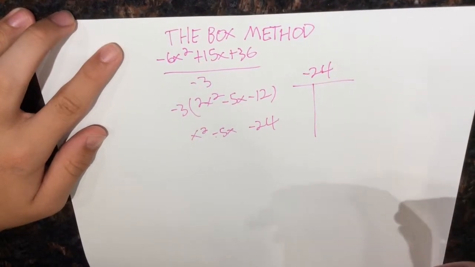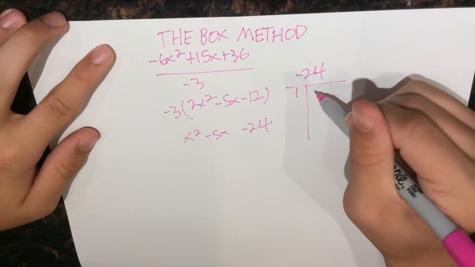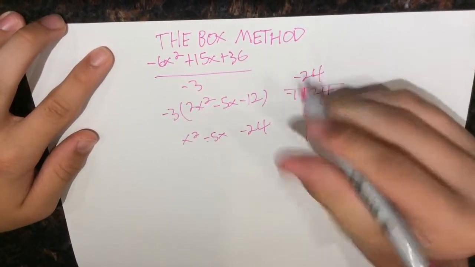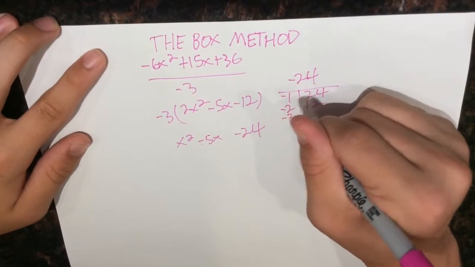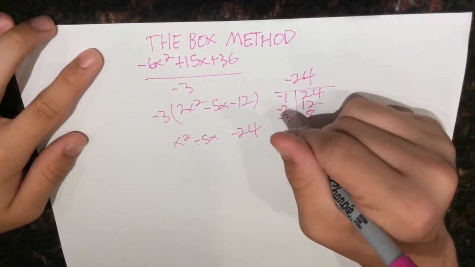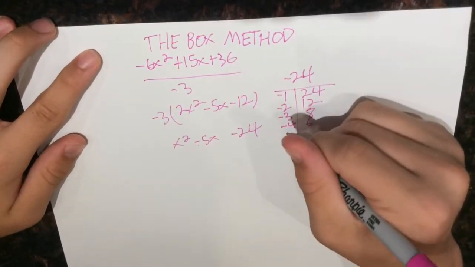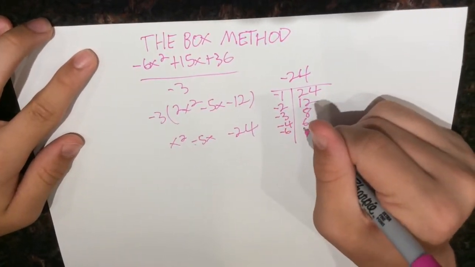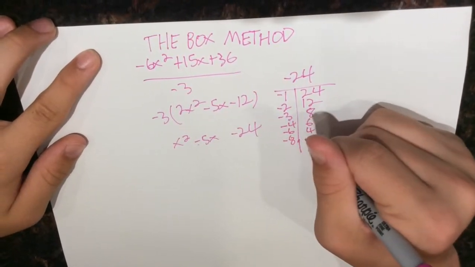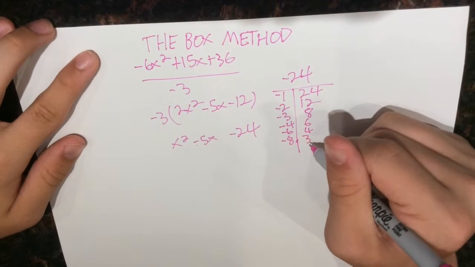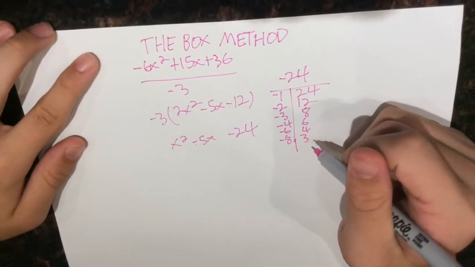So, we have 1 and negative 24, 2 and negative 12, 3 and negative 8, 4 and negative 6, 6 and negative 4, 8 and negative 3. What's this? It seems we have our factors.